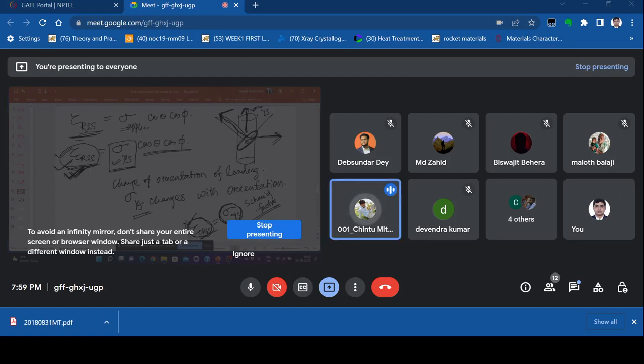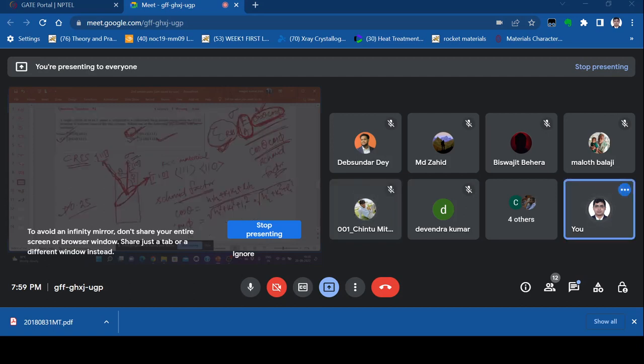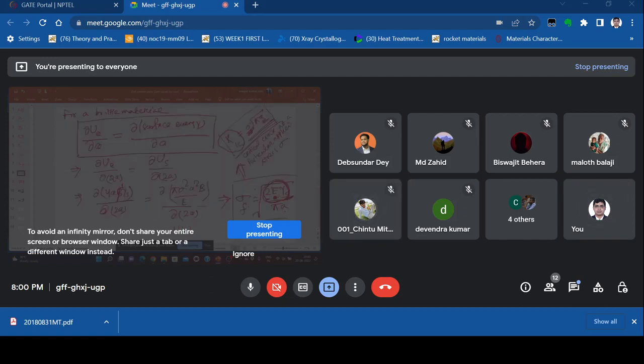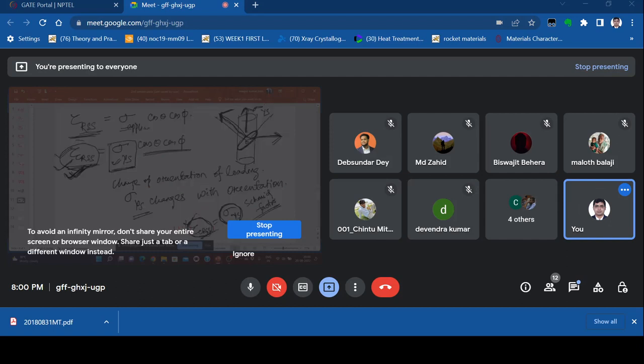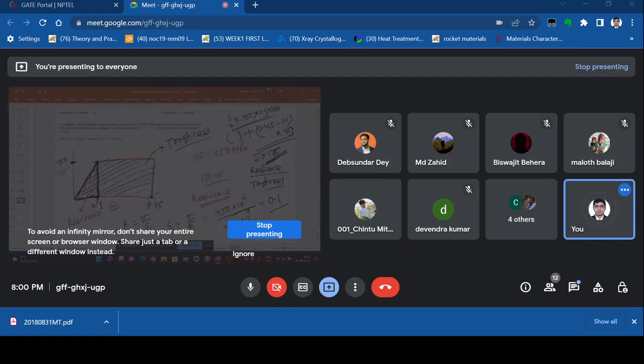So what was the answer of the previous question? Previous question, this one. No, sir. Ratio of length to toughness. Where did I write that? Here.